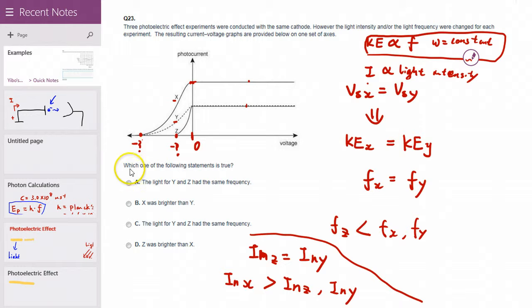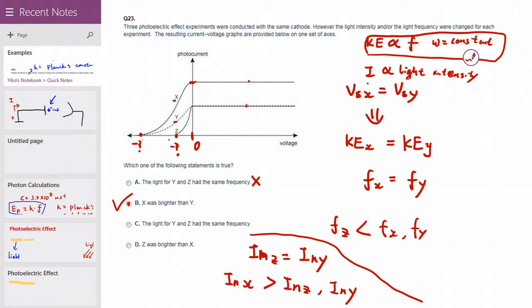And if I need to answer the question, which one of the following statements is true? The light for Y and Z has the same frequency. Y and Z have different stopping voltages, so this is wrong. X was brighter than Y. Yeah, X is brighter than Y because X has a higher light intensity.